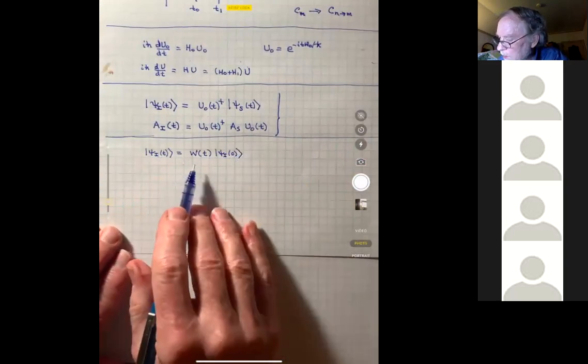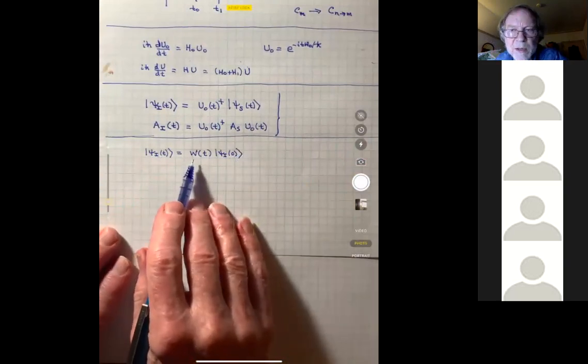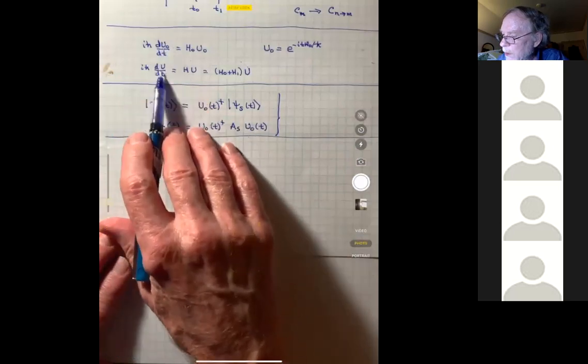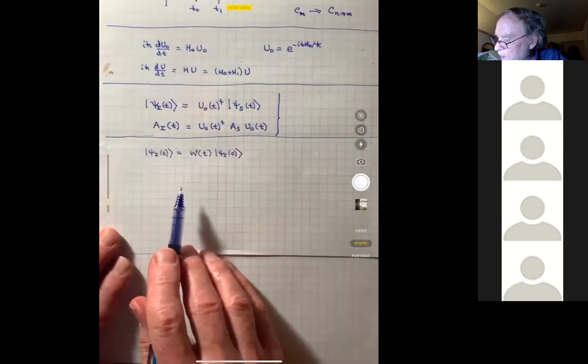In other words, let's define W of t to be the time evolution operator in the interaction picture. So W is the same sort of a beast as the U0 and the U, which are also time evolution operators.